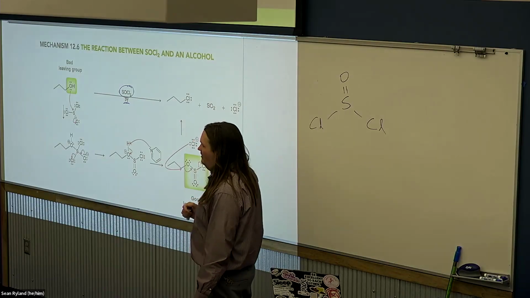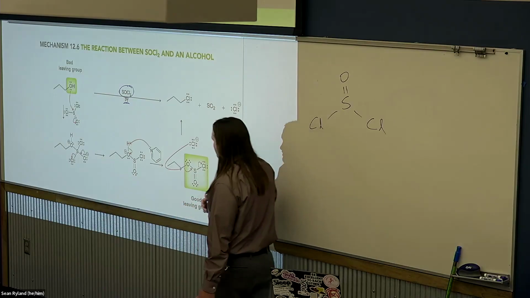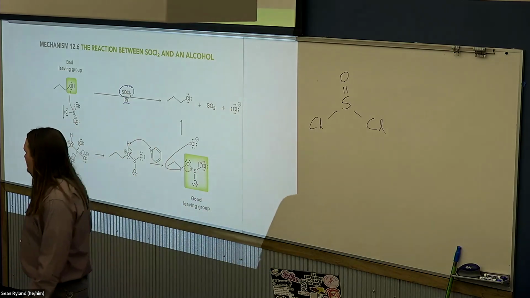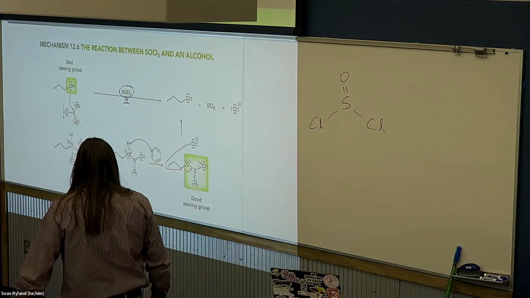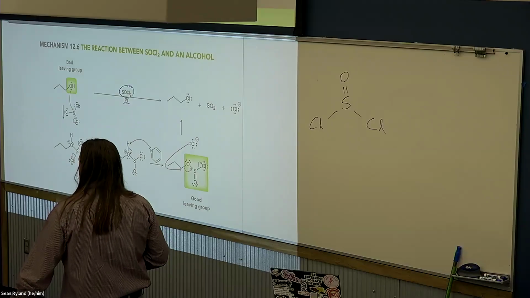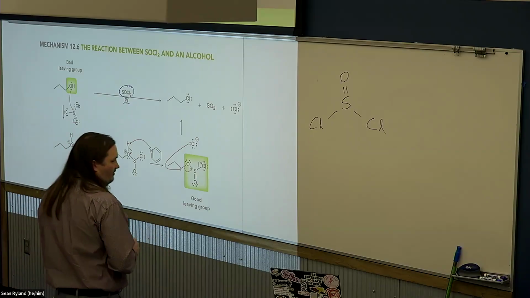And pyridine has several advantages, one of which is that it's already a solvent, so it makes it easy to do this reaction. And then two, it's not going to force any elimination reactions. It's not that strong of a base.